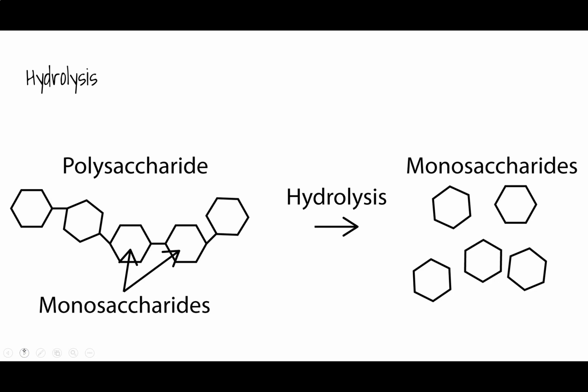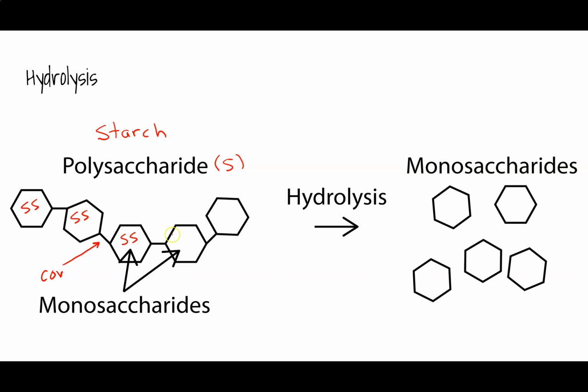So in this case, you have a polysaccharide. In this case, there are 5 monomers to that, and they're held together by covalent bonds right there. And if you want to break up that polysaccharide or that larger molecule, let's just say that this is starch. And let's say that these are all simple sugars like glucose.